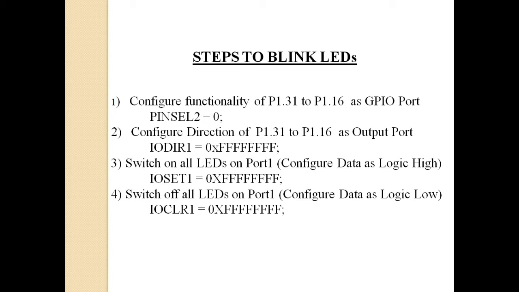So you need to configure a pin as input or as output depending upon the device which you are connecting. In my case, I am connecting an LED, so it should be configured as output pin. If you are connecting a switch, it should be configured as input pin. So the first main parameter you need to configure in a GPIO configuration is the direction of that port pin, right?